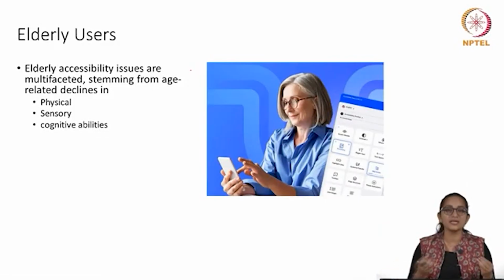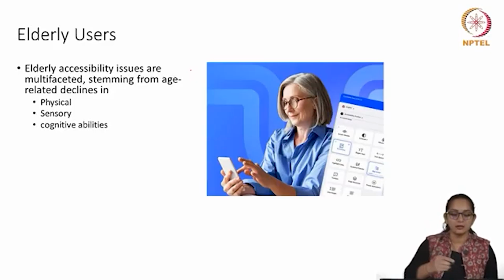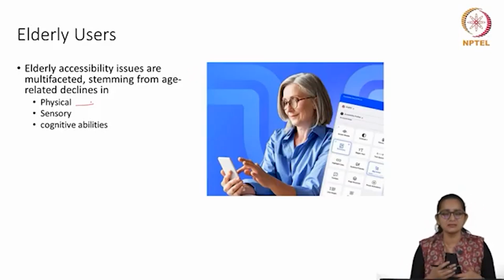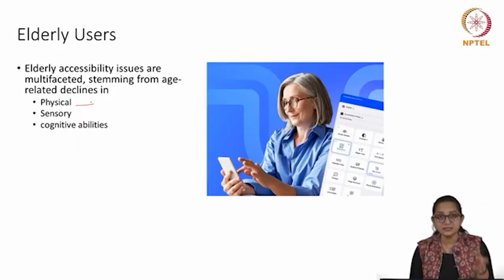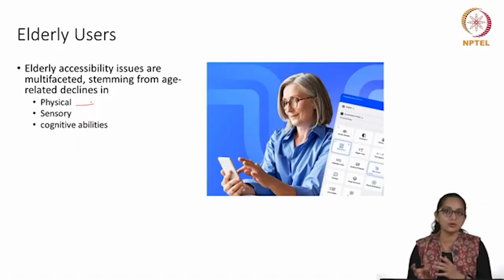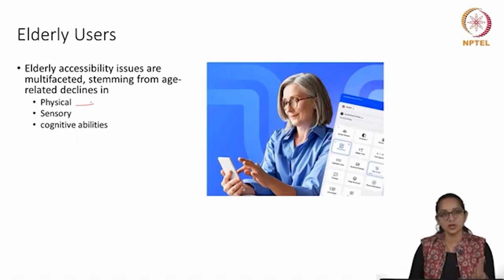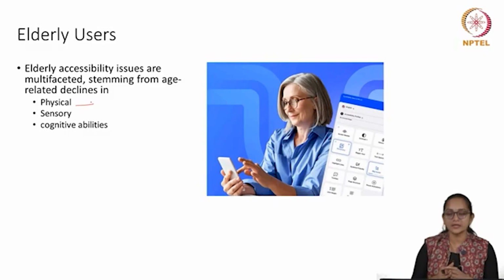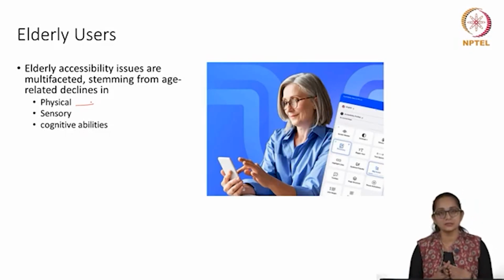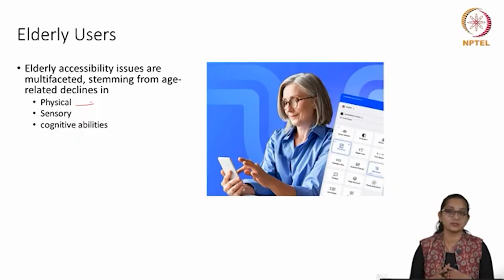They stem from age related decline in physical motor skills, dexterity, etc., sensory decline like vision loss or decline in hearing, as well as cognitive abilities, such as hindrances in understanding long workflows, attention deficits, and difficulty with concentration for longer durations, as well as memory related issues, which also decline with age.